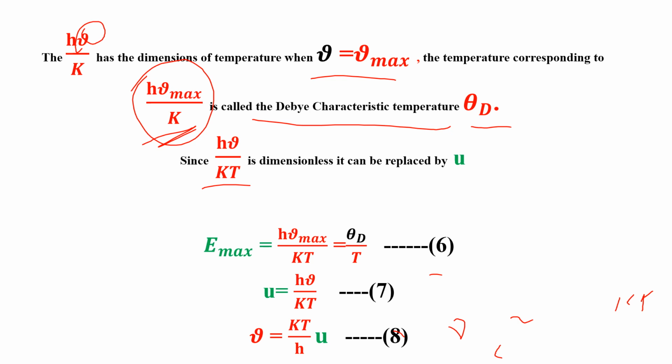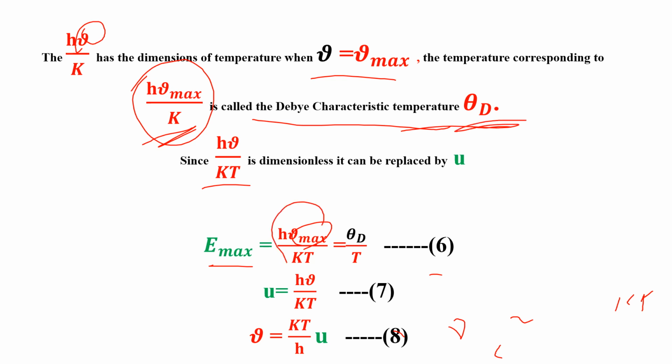So then the maximum energy E max is equal to h nu by kt. Since we are considering the maximum frequency range, here you are substituting nu with nu max, so automatically the energy will also be called E max, that is h nu max by kt. Already we have converted h nu max by k into theta d.